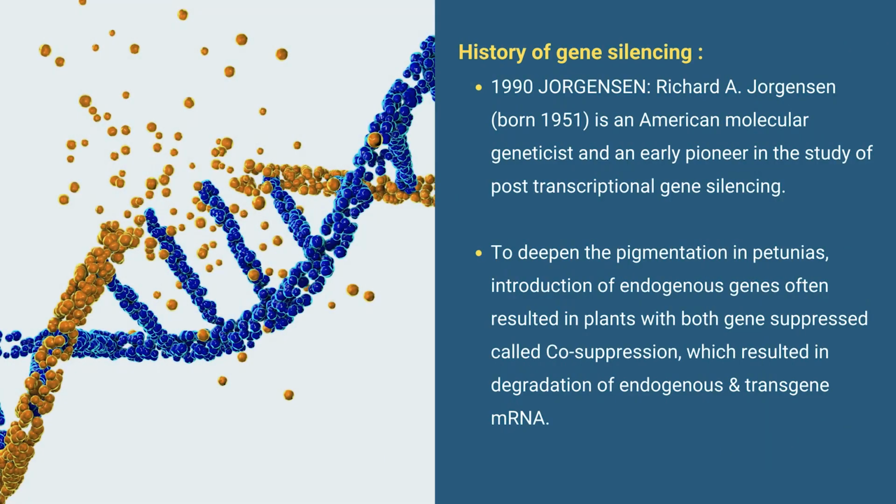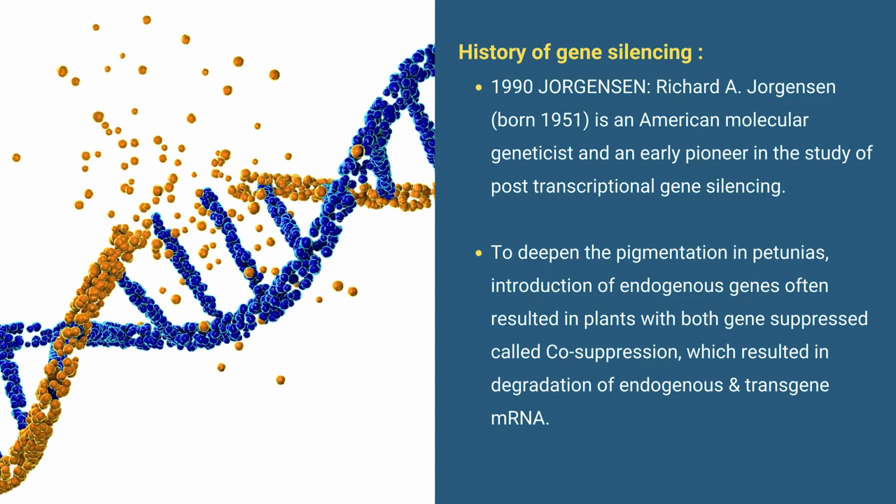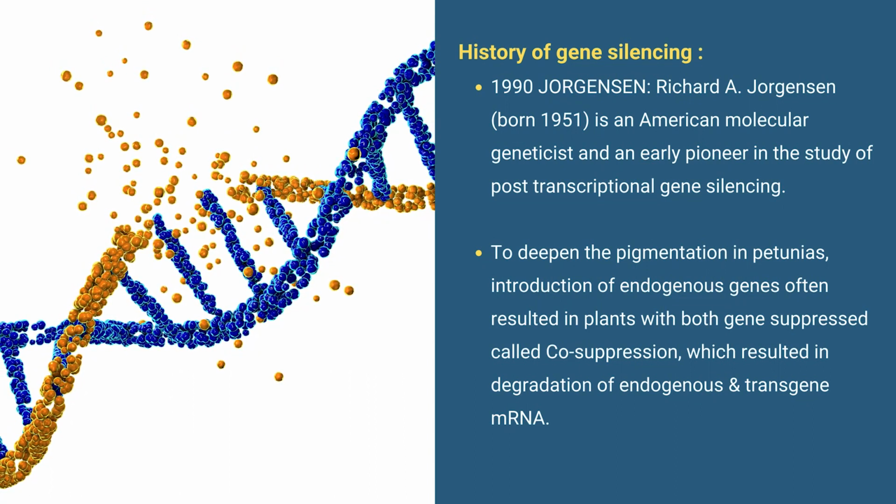The history of gene silencing dates back to 1990 by Jorgensen. Richard A. Jorgensen, who was born in 1951, is an American molecular geneticist and an early pioneer in the study of post-transcriptional gene silencing. Here it was studied to deepen the pigmentation in petunias.